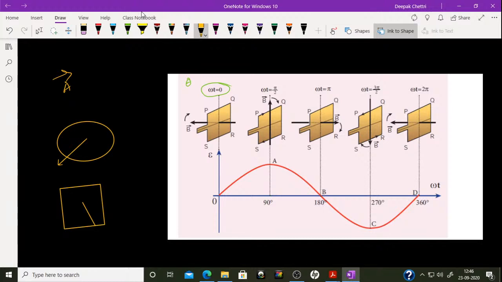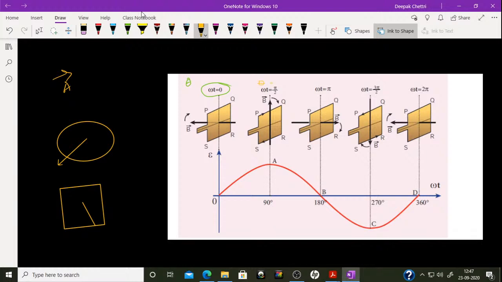In the same way here, PQRS is along the direction of the magnetic field, so that's why your angle omega t, theta, is 0. Now the coil will rotate. Look, the direction of the magnetic field is always the same; it's the coil that is moving. Now the coil will rotate by pi by 2, so theta will be pi by 2.